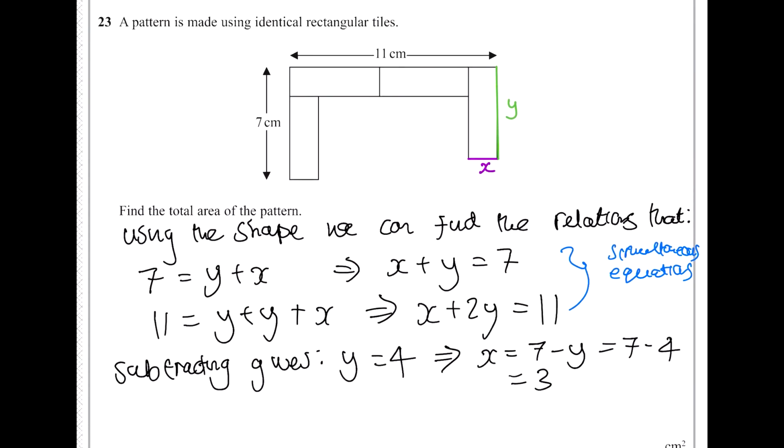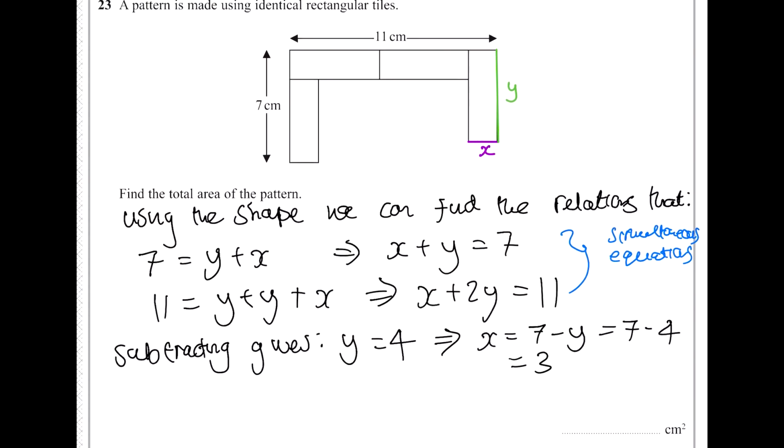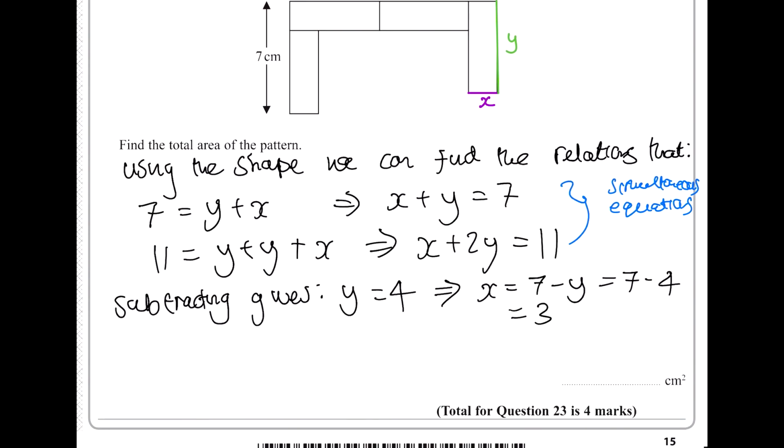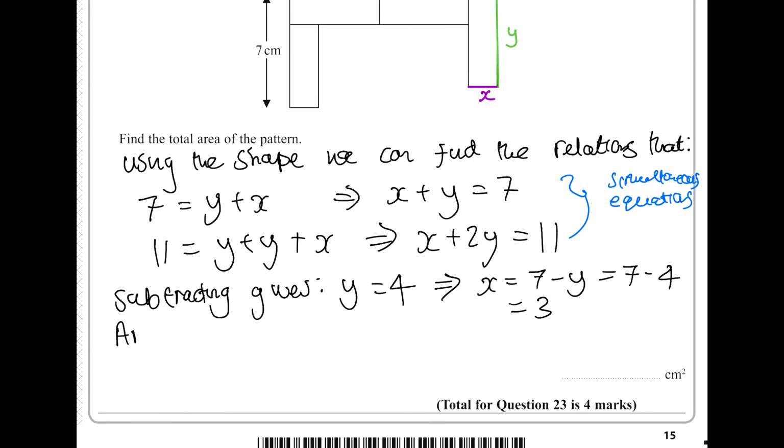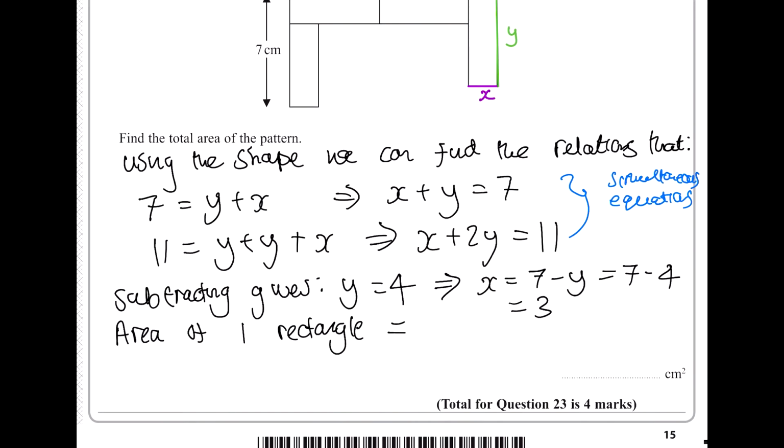So now we know what the sides are. Then we can say the area of one rectangle would be 4 times 3, which is 12. Again, units will be centimeters squared.